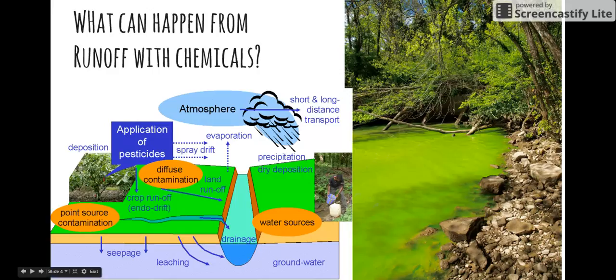But this happens right here over the pond, and or any other water body near it. So when this happens, it kills everything underneath it. So this would not only be considered a source of water pollution, but this can happen due to runoff.